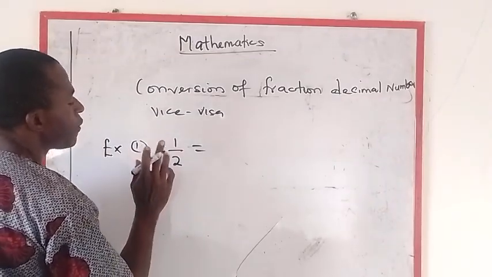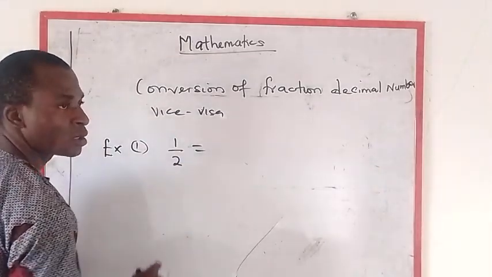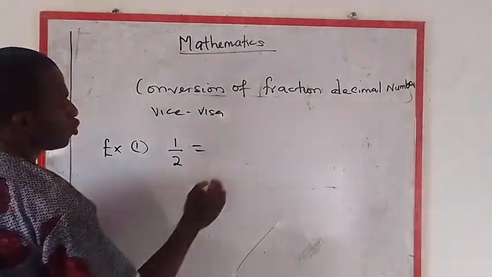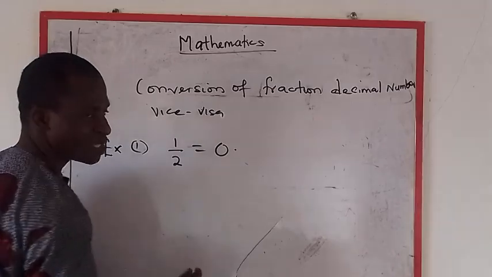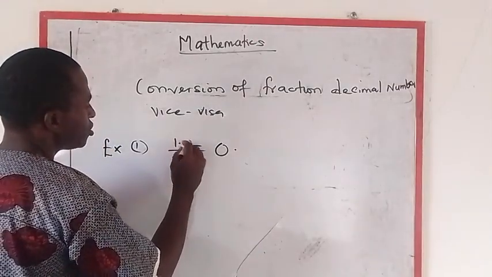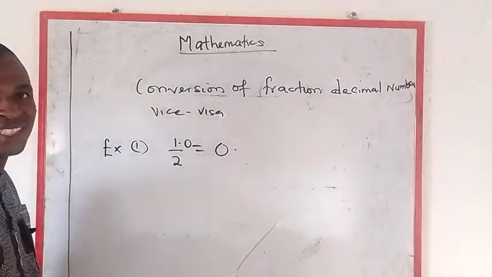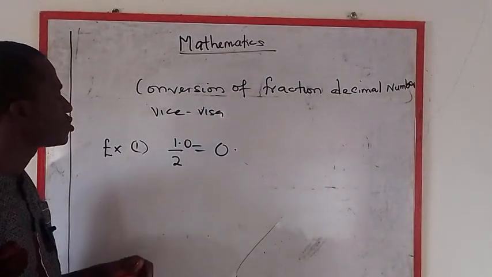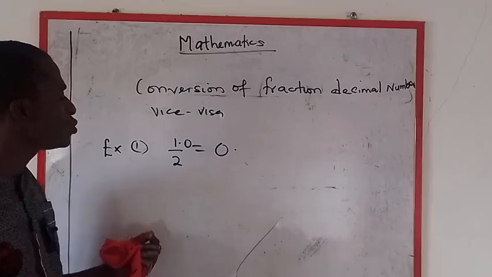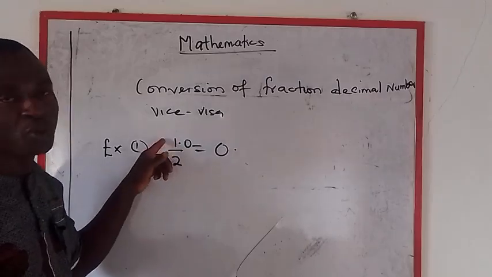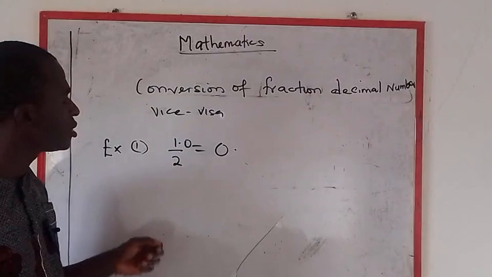For instance, 2 cannot go into 1. For that reason, we'll put a 0 point in our answer. Then we add 0 to this, assuming that the numerator is 10 from what we are seeing there.